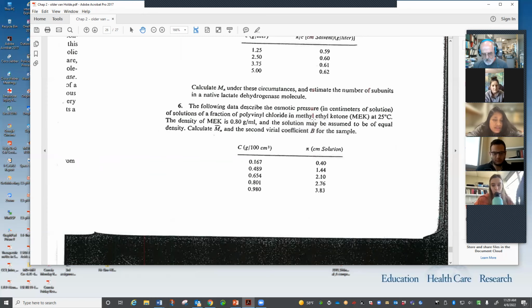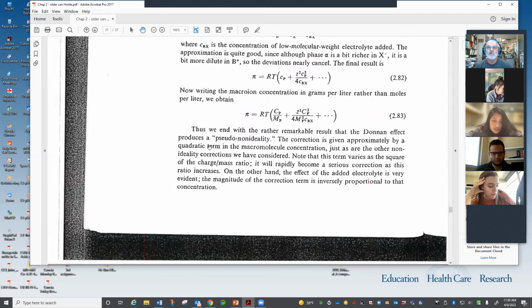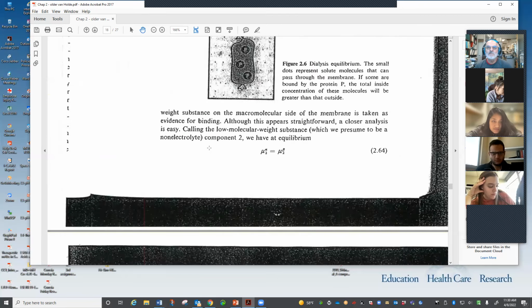Dr. Correa, is MN and MN bar the same? Yeah, that's what I was confused with, because I tried to find that in your lecture PowerPoint as well. So is it up above here that they show number, weight and Z average?